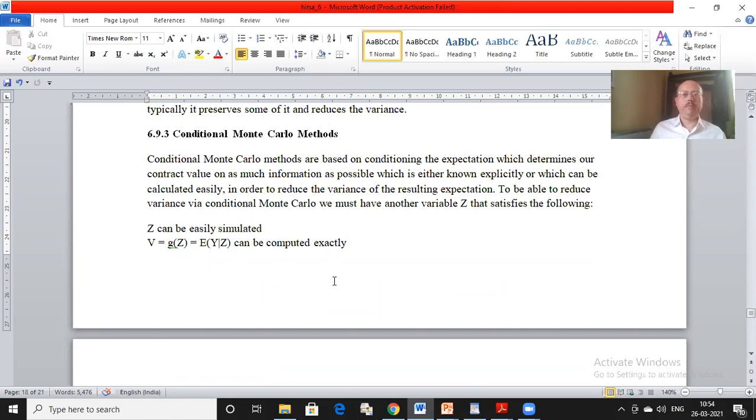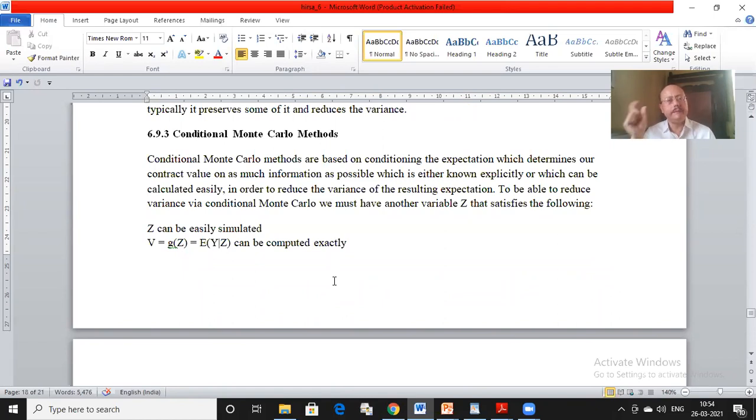So again, we are thinking of a related variable z. We are looking at a related variable z for which I have the information explicitly already with me for some reason, or z is such that its properties or the information from it can be calculated very easily, more easily than that on y.